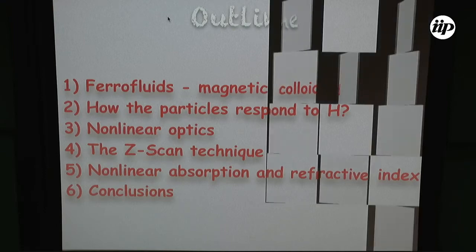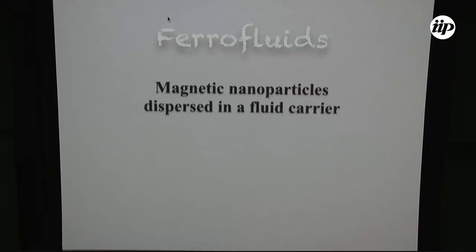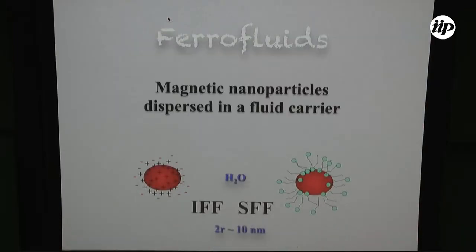the take-home message. Well, ferrofluids essentially are magnetic nanoparticles, with a typical diameter of about 10 nanometers, and they may be ionic or surfacted, and you can put these magnetic particles in different types of solvents, polar solvents like water, or non-polar solvents like different oils.